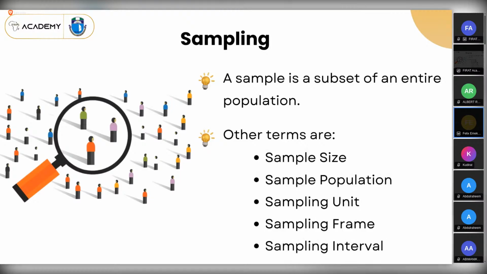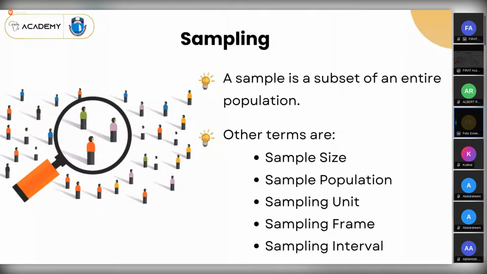So what is sampling? A sample is a subset of an entire population. All right. For example, you have a population of 1,000 people, but you don't have the capacity to do what you want to do with the 1,000 people. And you make a decision and say, okay, I can't work with 1,000 people, but I can work with 100 out of the 1,000.